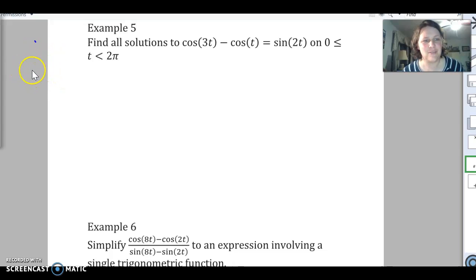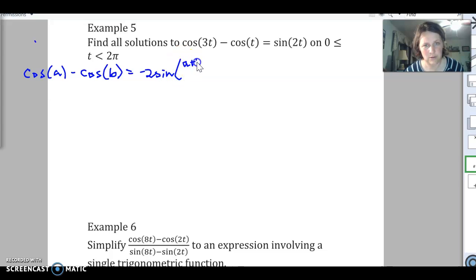All right, so we've got cosine of 3t minus cosine of t. So we're going to take that identity, cosine of A minus cosine of B, and that is equal to negative 2 sine of A plus B over 2 times sine of A minus B over 2.